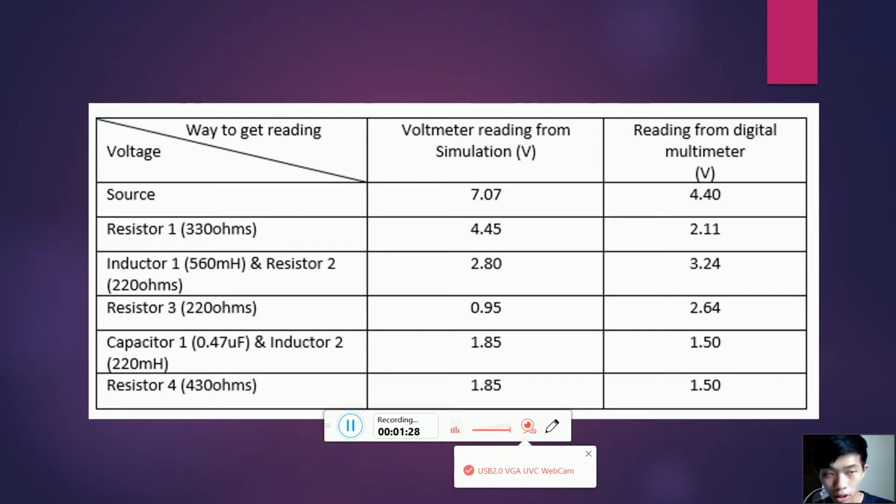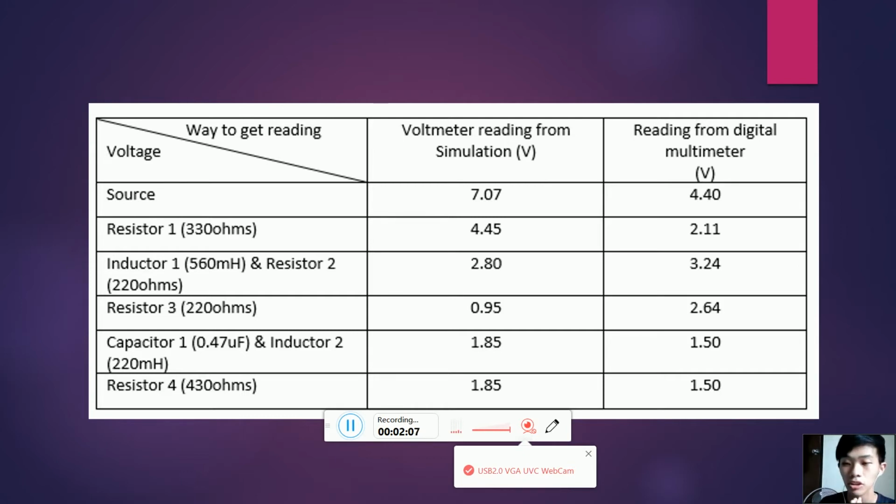We have evidence in a picture that we took, maybe we will put it in the appendix, and from that picture, the reading we get is 6.88 volt. So 6.88 volt is almost similar to the 7.07 volt from the simulation. And next, we have also shown that the voltage and current values obtained from the digital multimeters are acceptable.